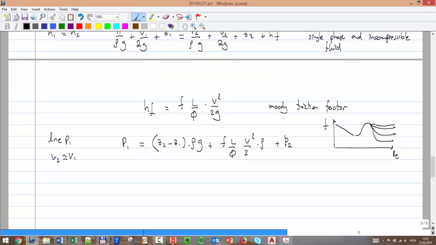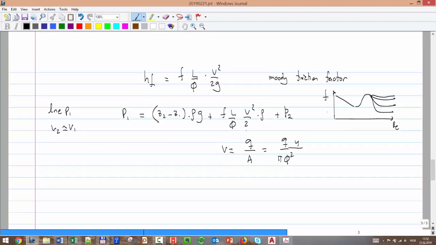But our equations are always one pressure, inlet or outlet, as a function of rate and the other pressure. Okay, so where do we have rate here? V, the velocity, we can say is the rate divided by the cross-section area. So we have Q over pi D squared over 4, and we can simply substitute that in this equation.